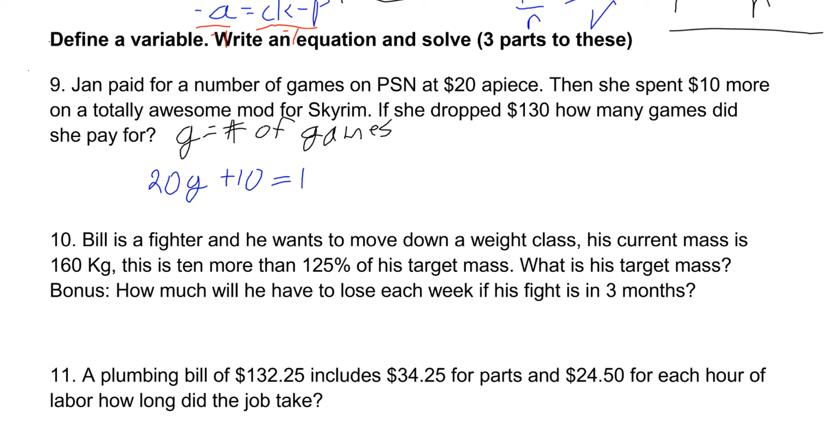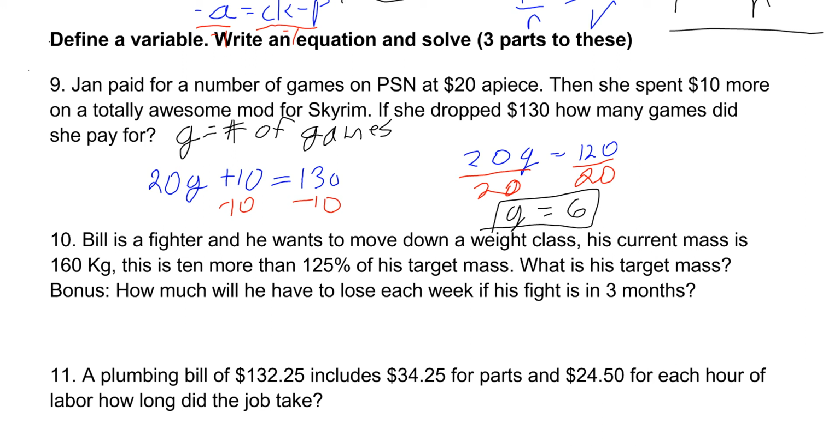So to solve this, we subtract 10 from both sides, and that leaves us with 20G equals 120. And then we divide each side by 20, and that's going to leave us with G equaling 6. And there it is.